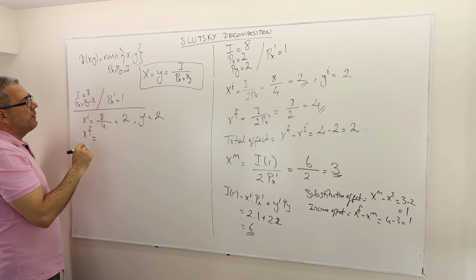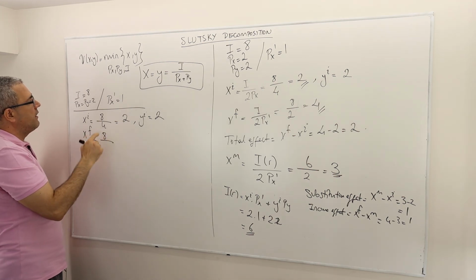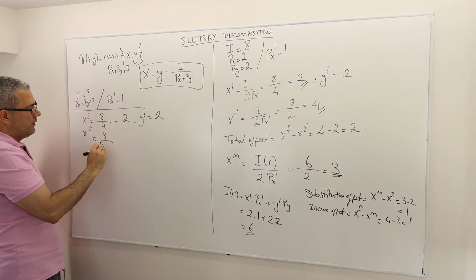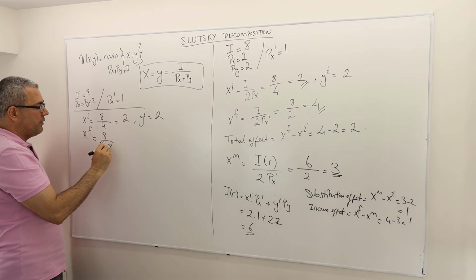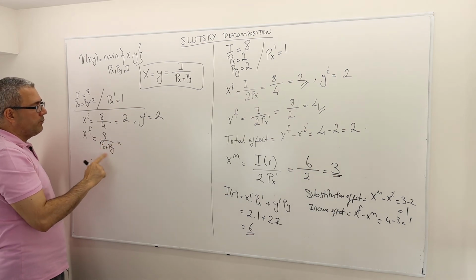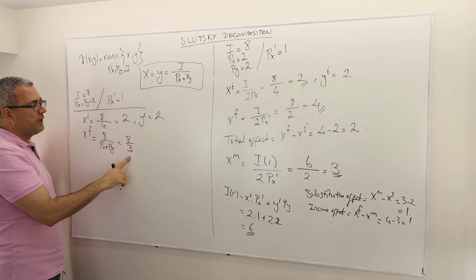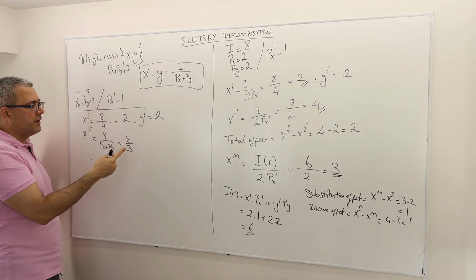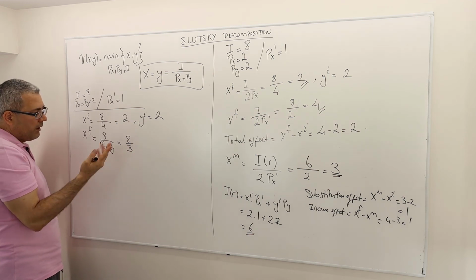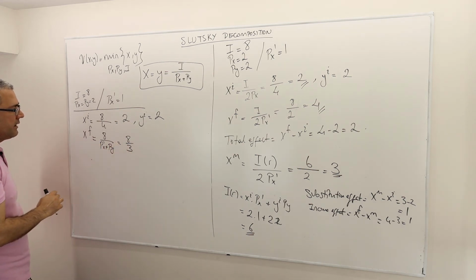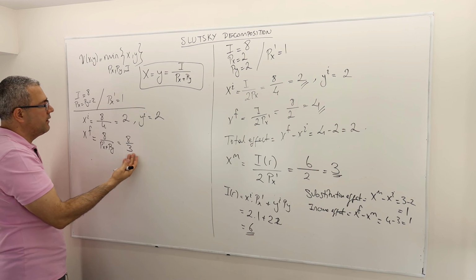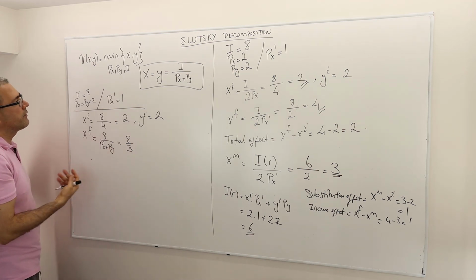The final is going to be different because this time it's income divided by px prime plus py, so it's going to be 1 plus 2, so it's 8 divided by 3. This is more than 2, but less than 4. Okay, fine. Let's leave it as it is. You don't need to find the number that corresponds to 8 over 3.